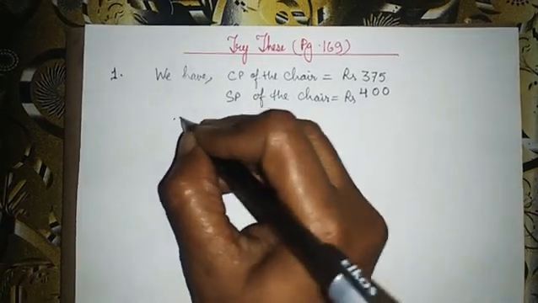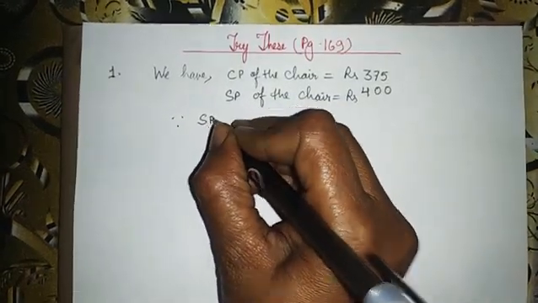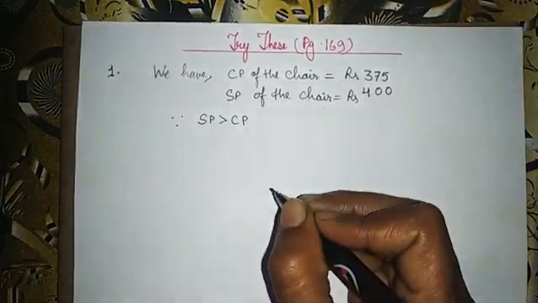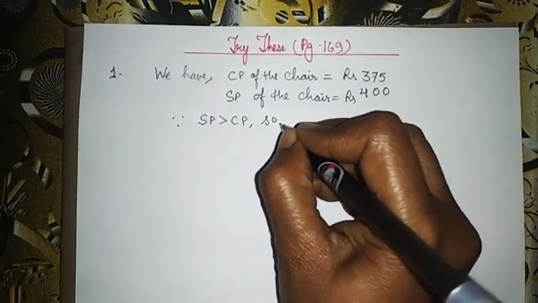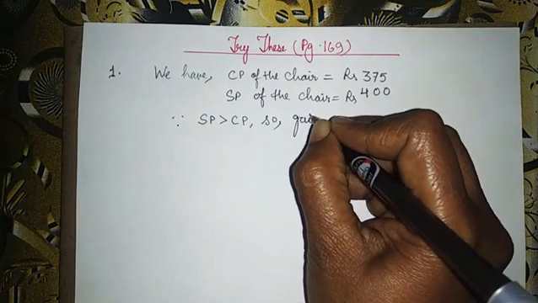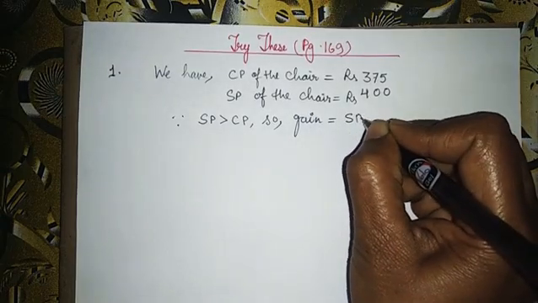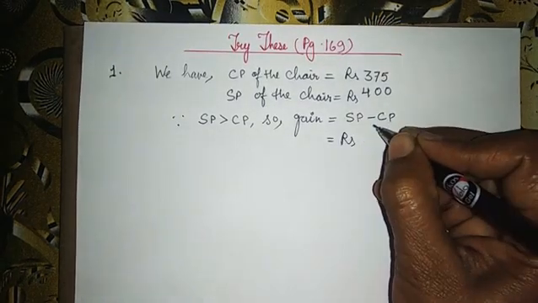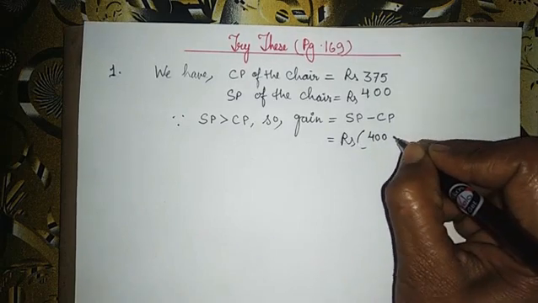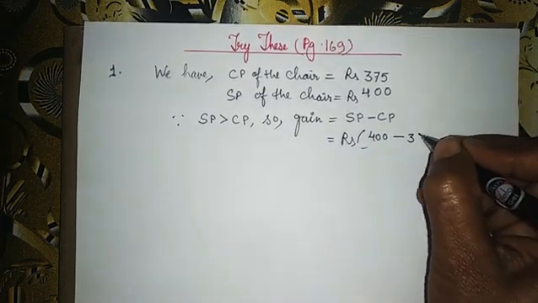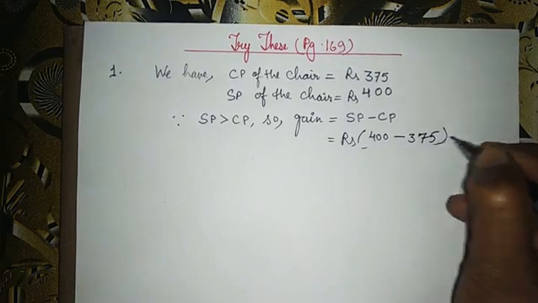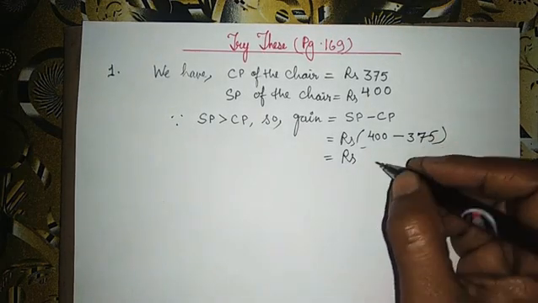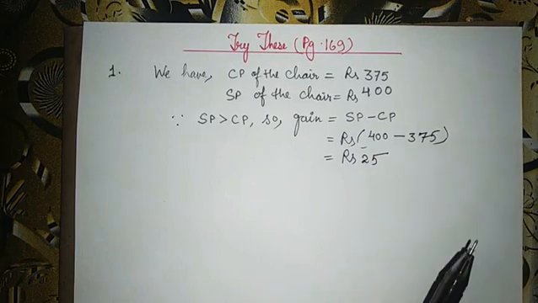Since here SP is greater than CP, SP is more than CP, so gain is equal to SP minus CP. Now SP is rupees 400 and CP is 375. And when we subtract 375 from 400, we get rupees 25.